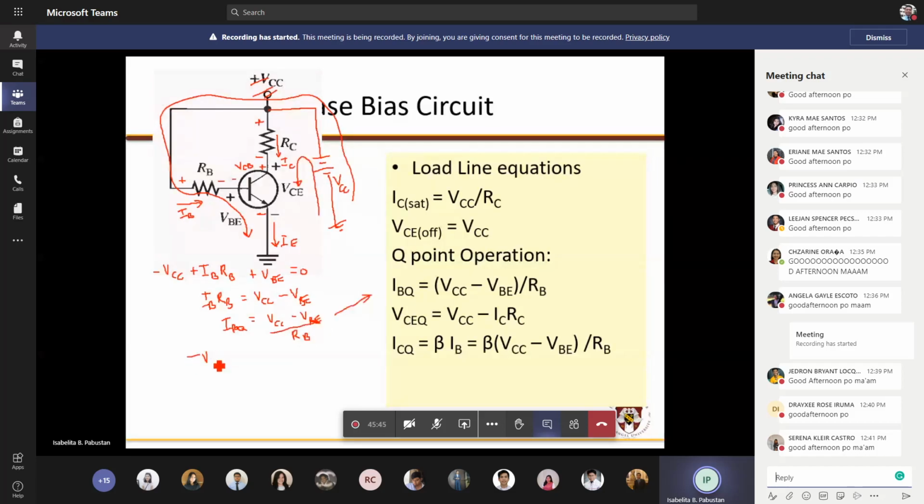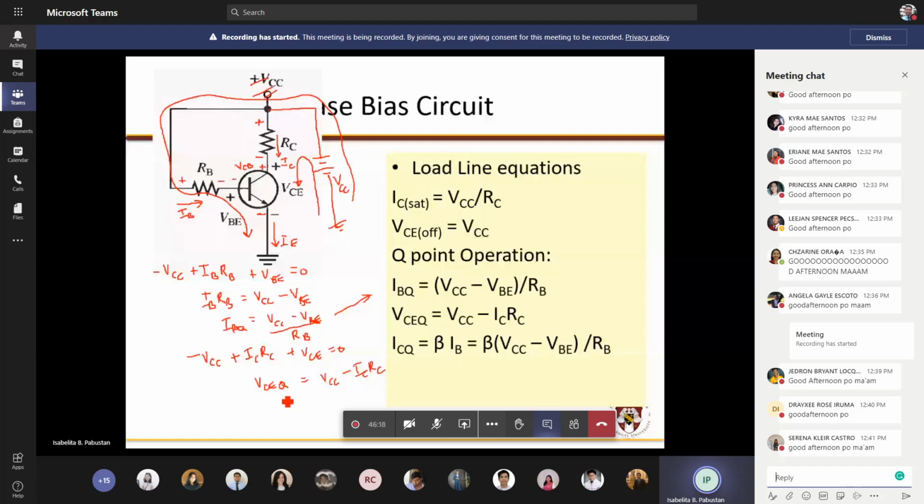We've been doing this before. Negative VCC plus IC RC plus VCE equal to 0. So therefore, imbes na VCE, gawin mo na lang na VCEQ, which pertains to the operating point. So VCEQ now will be equal to VCC minus IC RC.